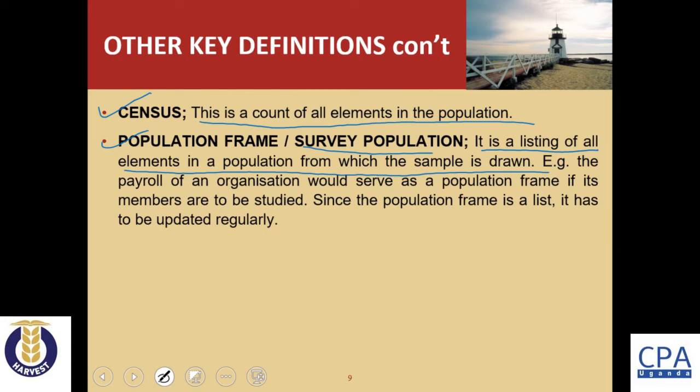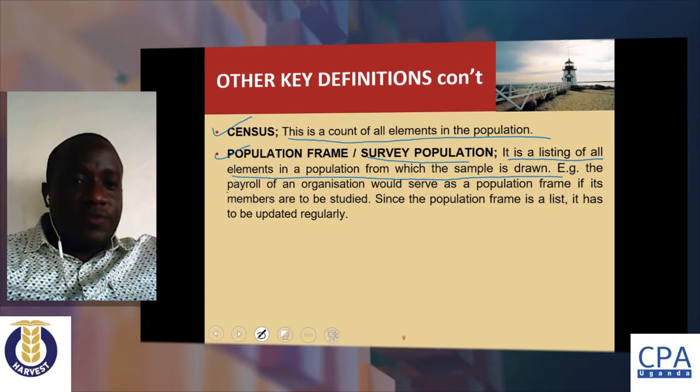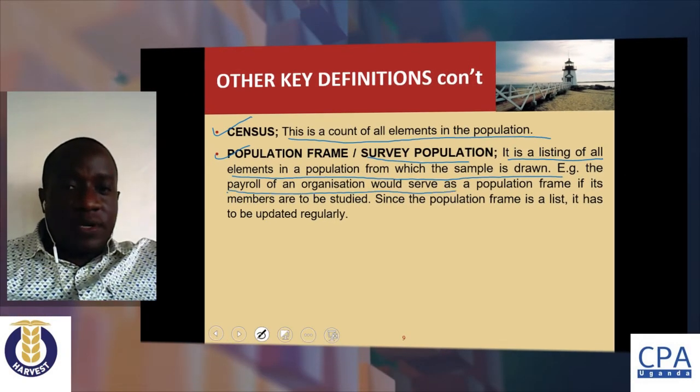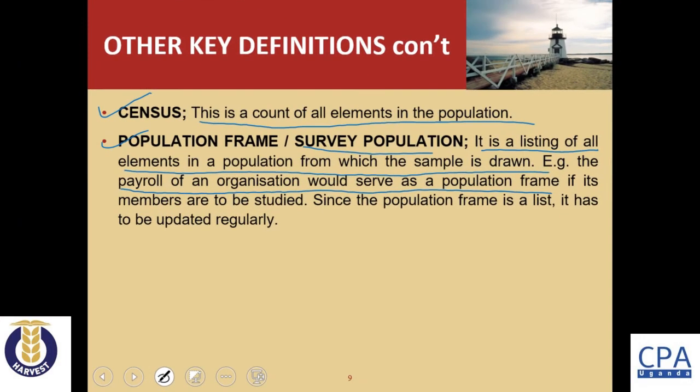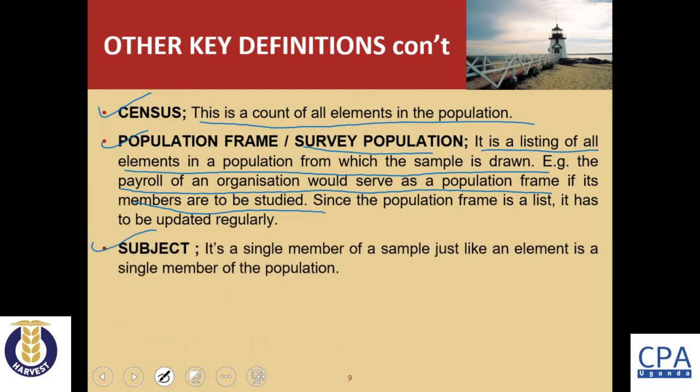This is a list, like if we are talking about employees, the population frame can be the payroll. The payroll would serve as a population frame if its members are to be studied, and the members of the payroll are the employees that we want to make a study on. The other key definition is the subject.